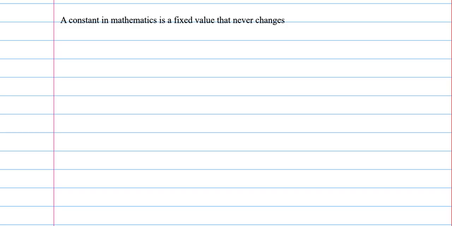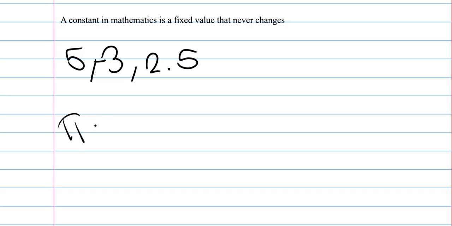A constant in mathematics is a value that never changes. Think of fixed numbers, regular numbers like 5, negative 3, 2.5, because a numeric constant doesn't change. Common examples of numeric constants are pi.